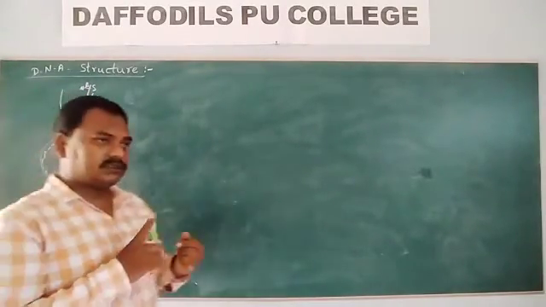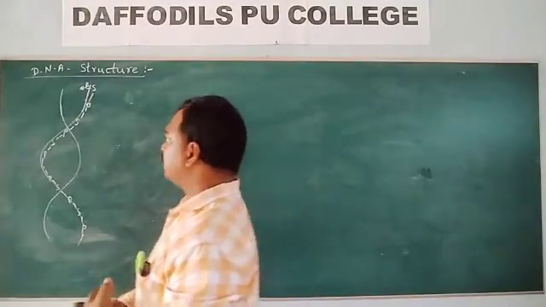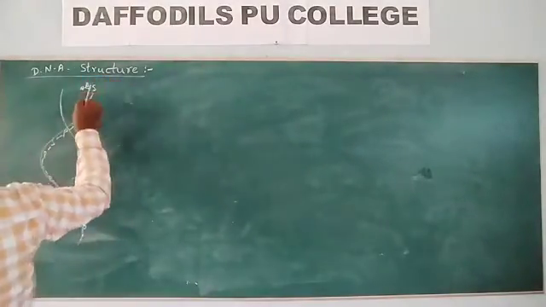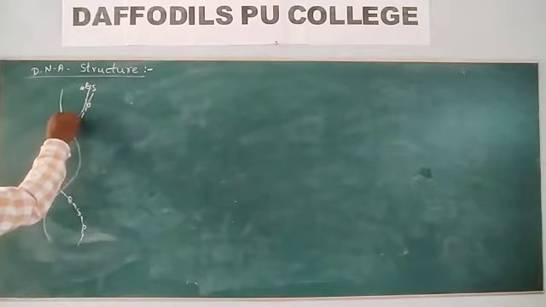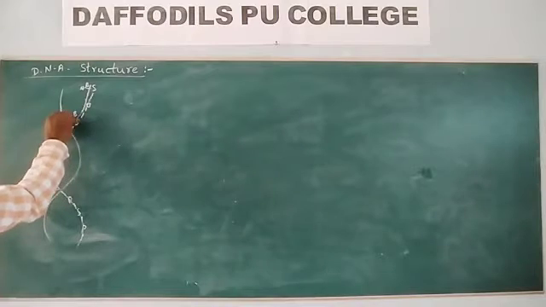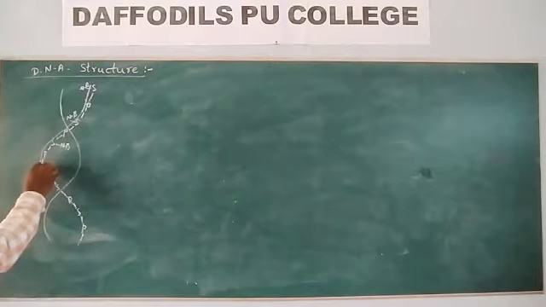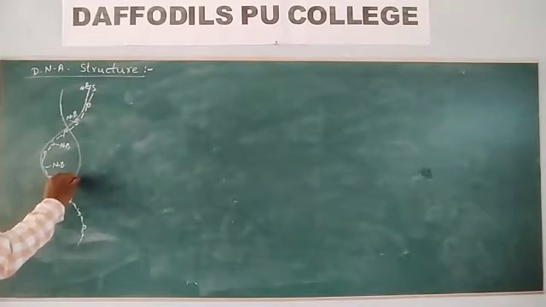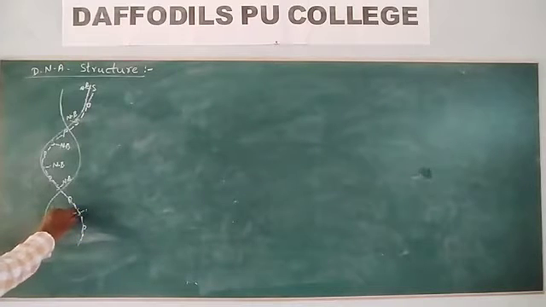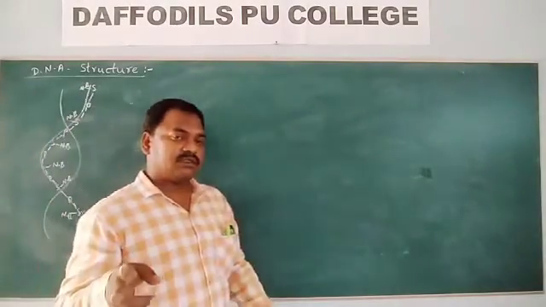A nucleotide contains sugar, nitrogen base, and a phosphate. So this is the sugar, this is the phosphate, and this is the nitrogen base. Every sugar is bonded with a nitrogen base and a phosphate. Here also a nitrogen base is present. So DNA contains how many strands? DNA contains 2 strands.